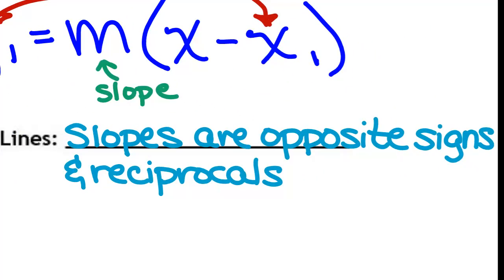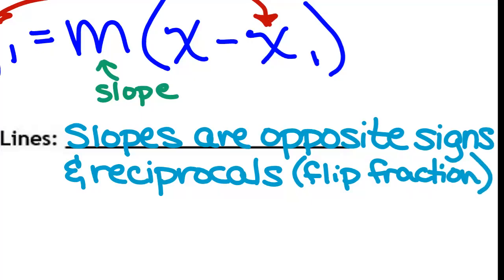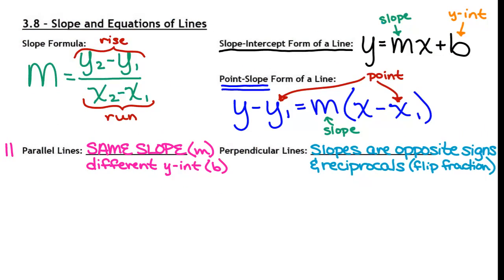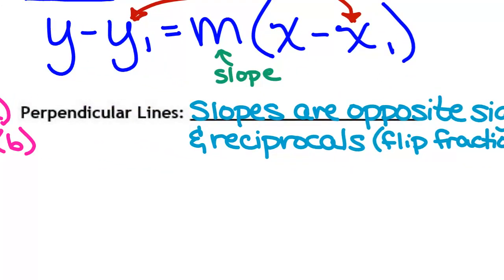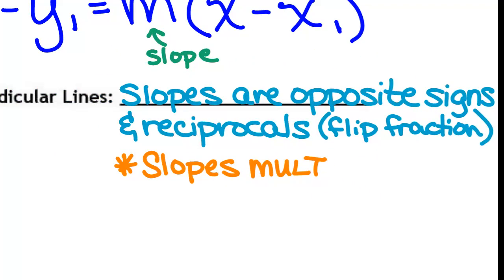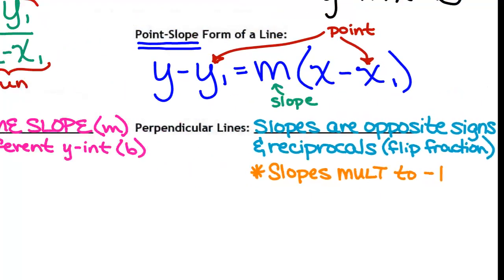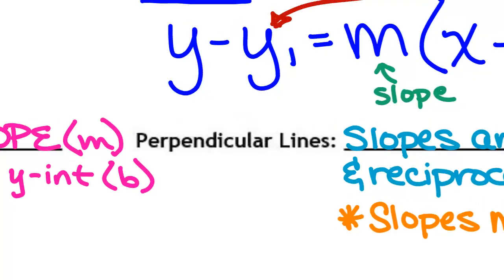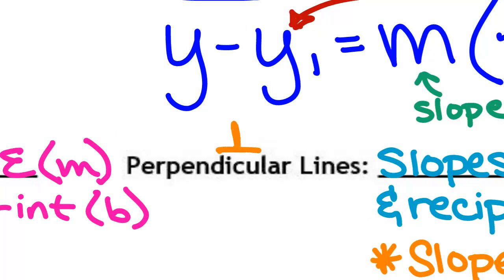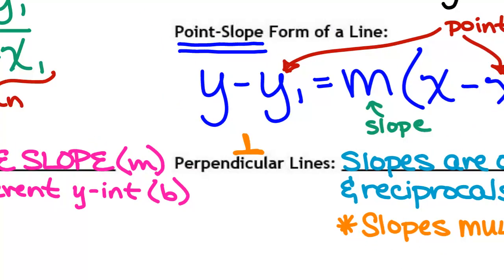Reciprocals mean that you flip the fraction. For perpendicular lines, the slopes multiply to -1. And the symbol that we have for perpendicular, remember, is an upside down capital T. That's what means perpendicular.